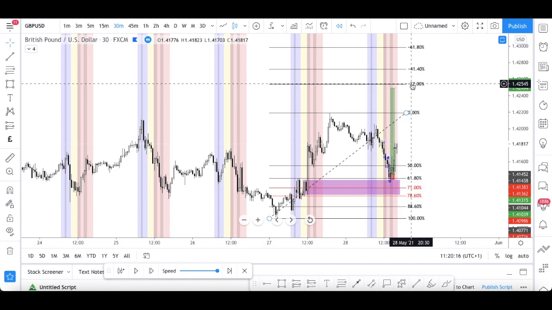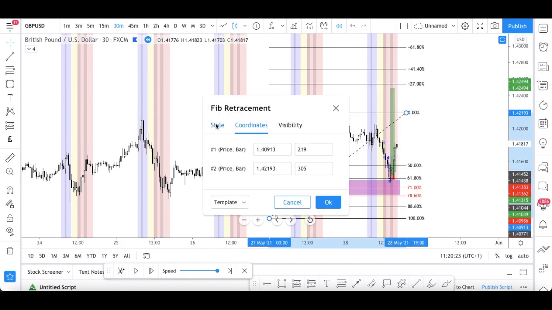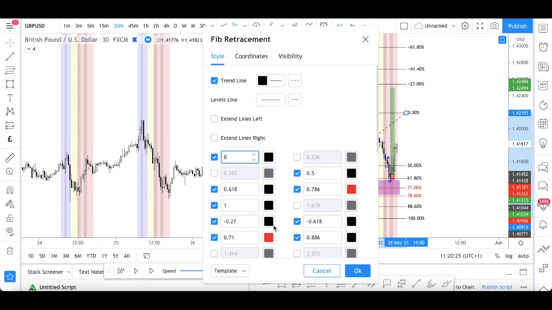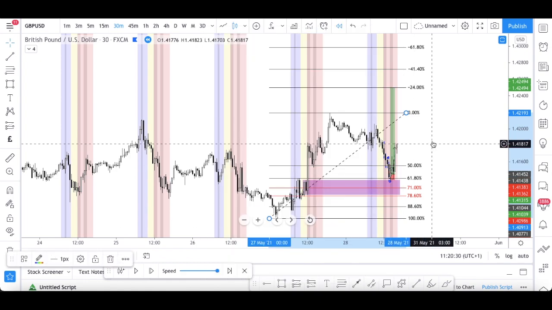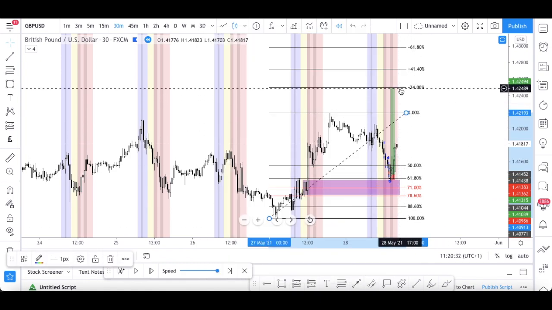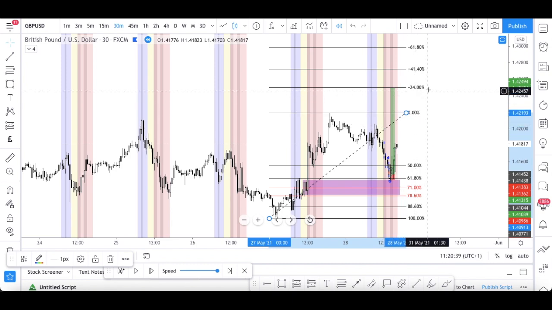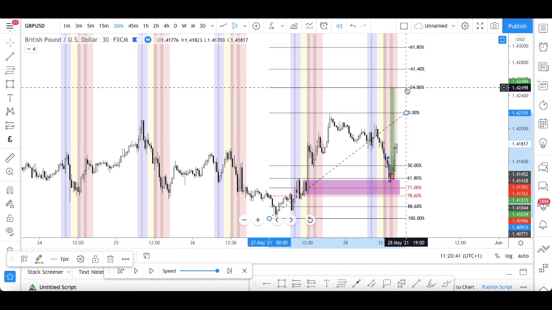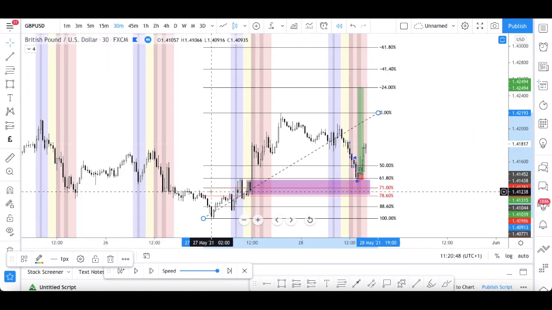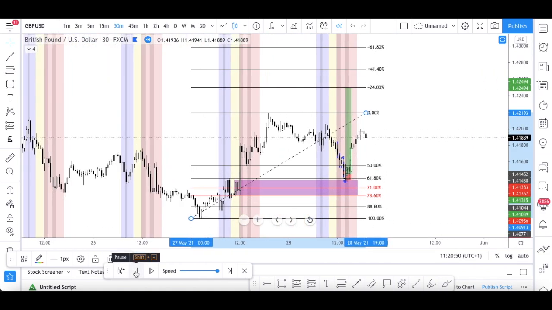Usually I don't normally take it at the 27. I usually just go slightly below, so around the 24%. So if I change that to 24, we can see that the negative 24% extension level lies exactly on that 1.425. So we've got multiple confirmations of taking good profits in that area, or even slightly below, just to secure the bag. And as we forward the price, we can see it eventually goes on.